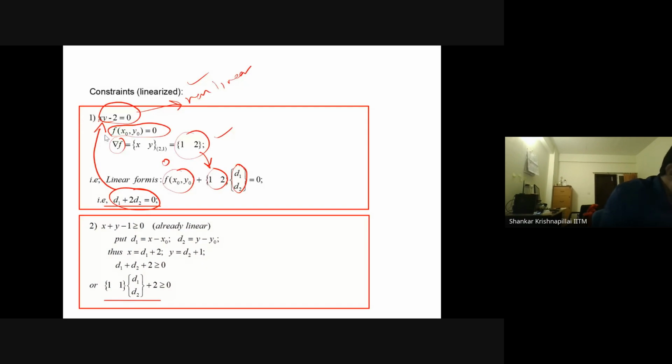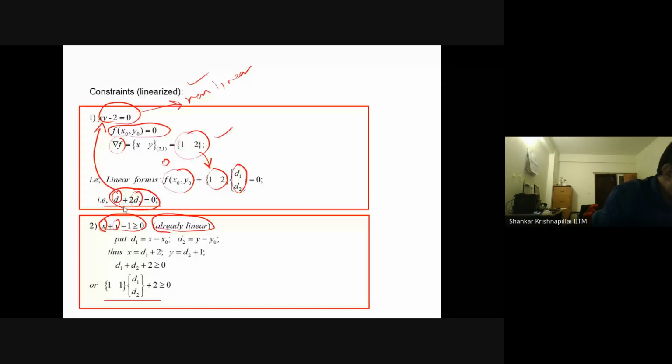Then there's another constraint, x plus y minus 1 is greater than 0. It is already linear, so there's no need to linearize it. But there is a problem because this is written in terms of x and y, and all these are written in terms of D1 and D2.